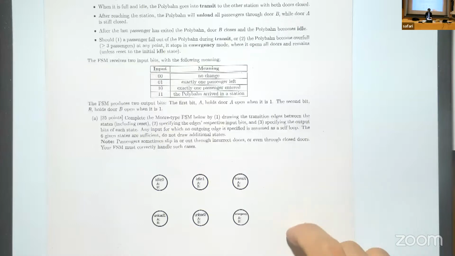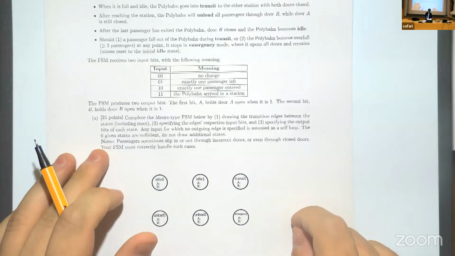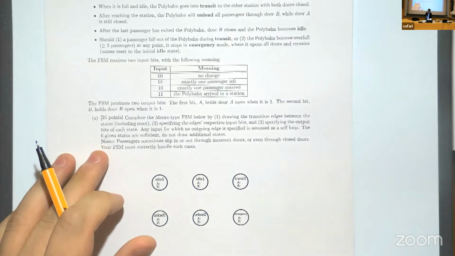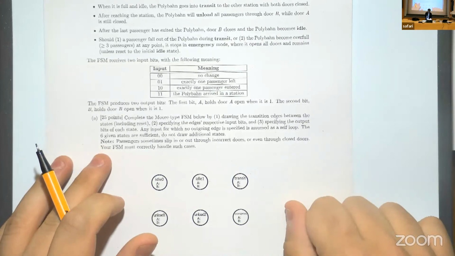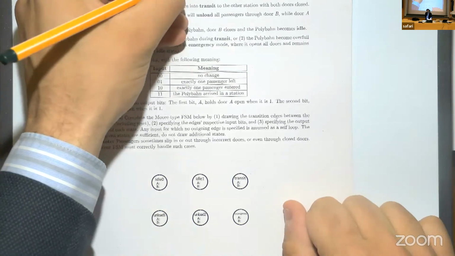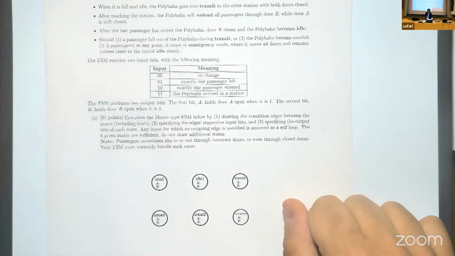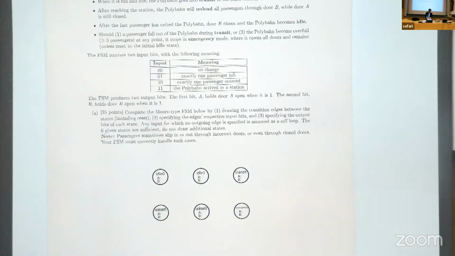So in this one, you're supposed to assign some controller for the polygon, which broke down. So it has 2 doors, which will be outputs, A and B. You can see the exercise starts with a specification, quite precise specification, hopefully.